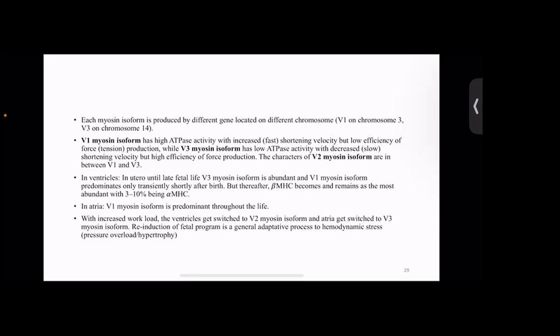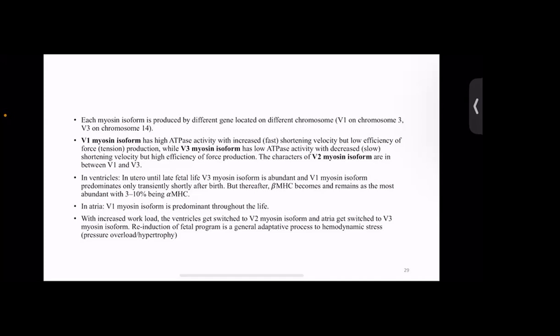It has high ATPase activity, and it has fast shortening velocity but low efficiency of tension, while the V3 myosin isoform has low ATPase activity with decreased shortening velocity but high efficacy of force production. Now, the characteristics of the V2 myosin isoform are in between V1 and V3.